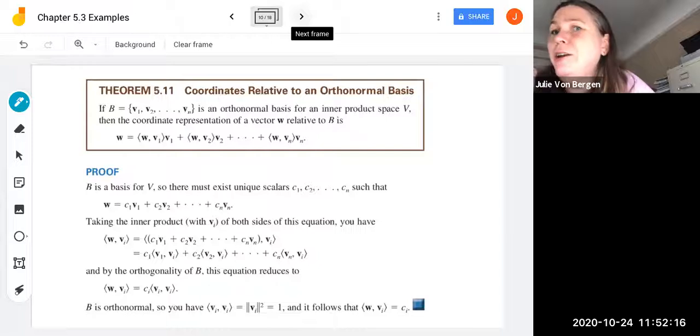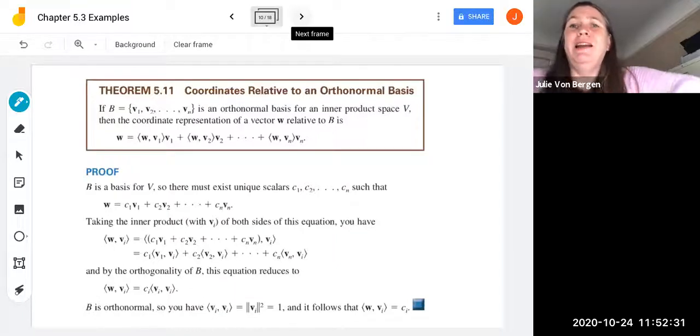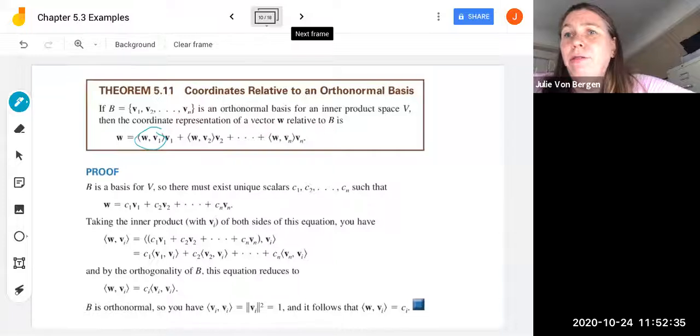So in any inner product space, if B is the set of vectors V1 through Vn, and it's an orthonormal basis for an inner product space V, then the coordinate representation of a vector W relative to B is going to be the inner product of W with each element V1 through Vn, multiplied by the vector itself.